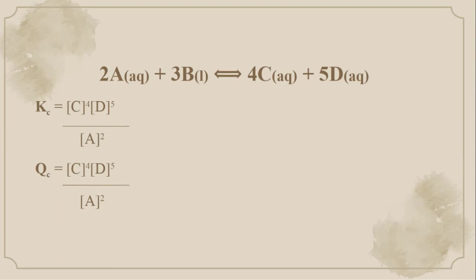Exactly. It is a liquid, so it does not belong in your equilibrium expression, only aqueous and gases. And in this case, you will use your coefficients as your exponents. As you can see, I put my 4 as my coefficient here, so I put it as my exponent. And then the same thing with D, and then the same thing with A.